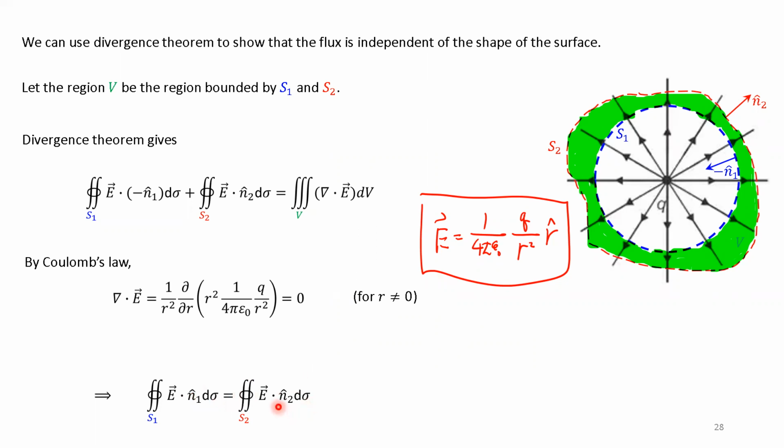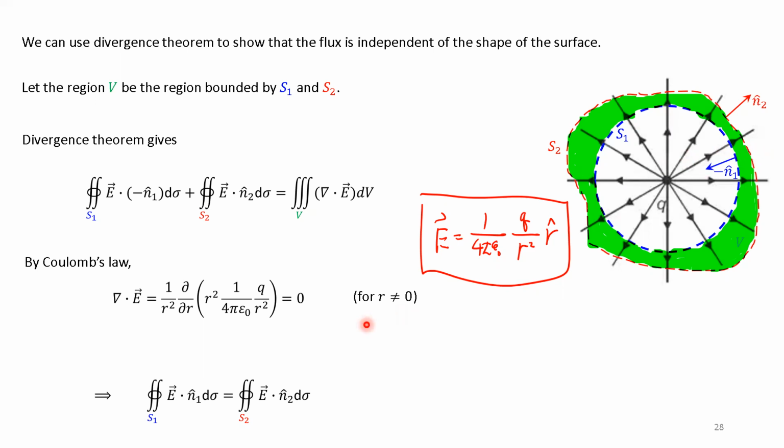By outward here I mean the direction that is away from the origin. Remember, the one that is pointing into the origin is minus N1. But here the final result is the flux dot N1, so N1 is actually pointing this way.